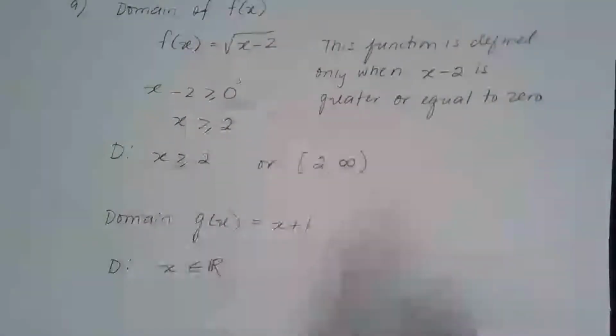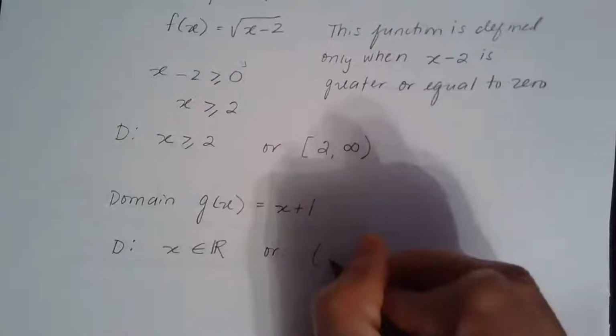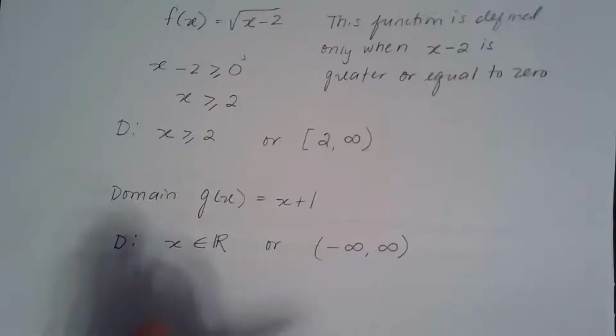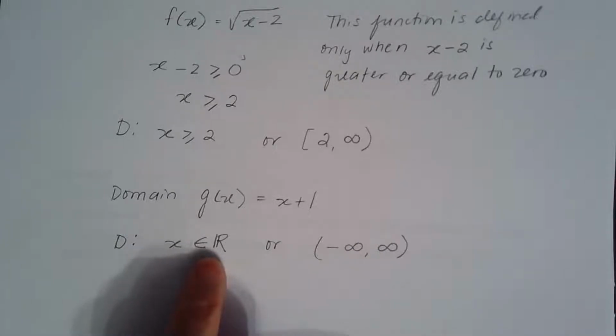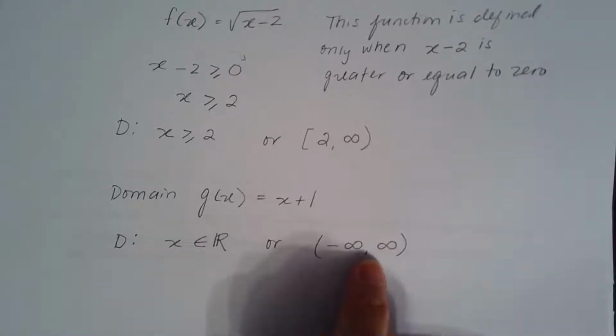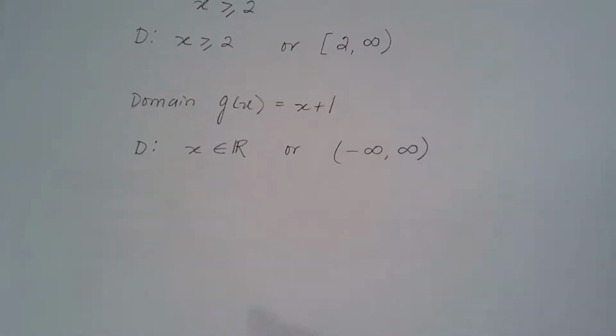We can write negative infinity to positive infinity. This is the domain in set notation, x is an element of real numbers, and this is the domain in interval notation. Either one is perfectly fine.